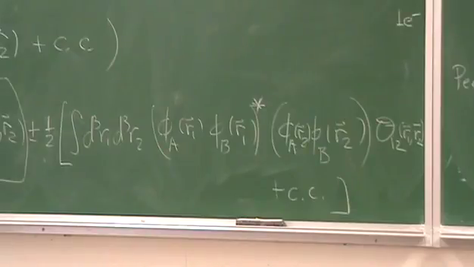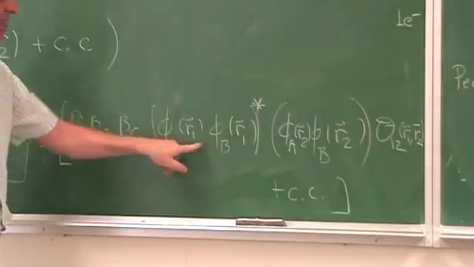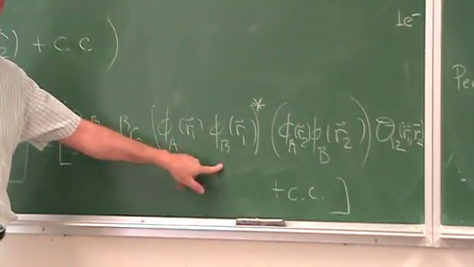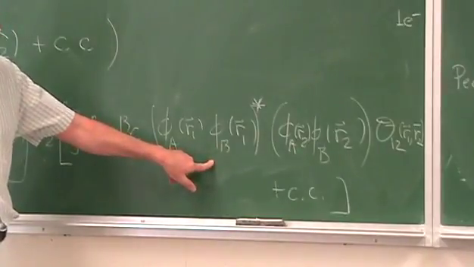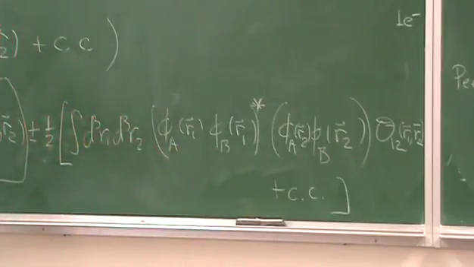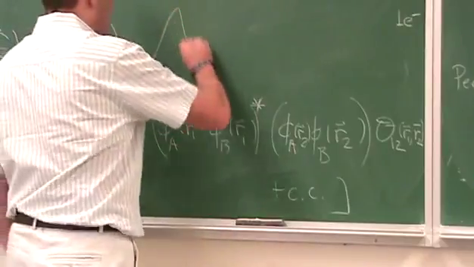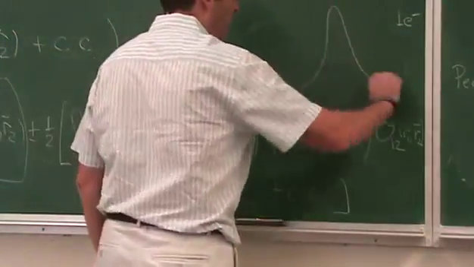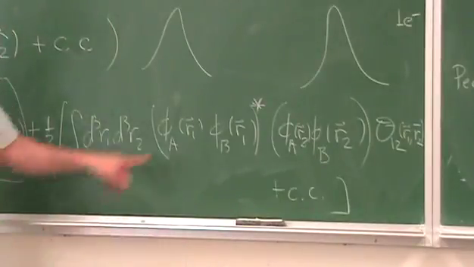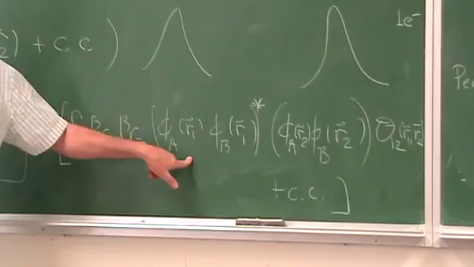What I see is that depending upon the overlap of these two orbitals, this term can either be big or small. If the two orbitals have no overlap at all, so if I have one electron in this wave packet and one electron in this wave packet, and I don't know which one it is, well then the product of these is 0.